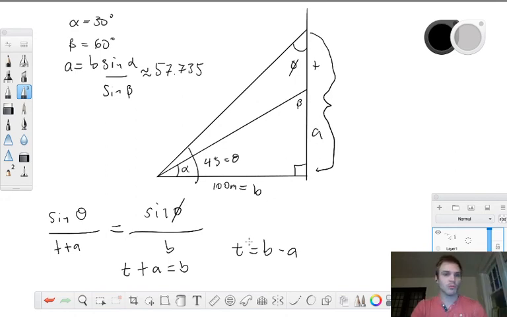But let's just do 100 minus what we got from our last portion of the problem where we found a, and we'll get t approximately 42.265. Okay, and I rounded that. So you can use that as your answer, I guess.